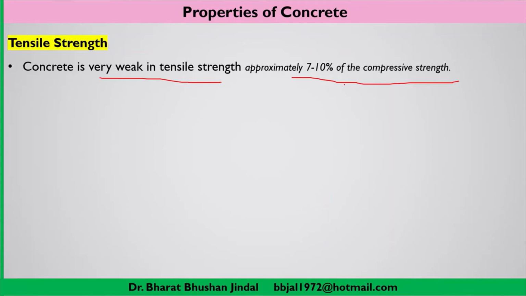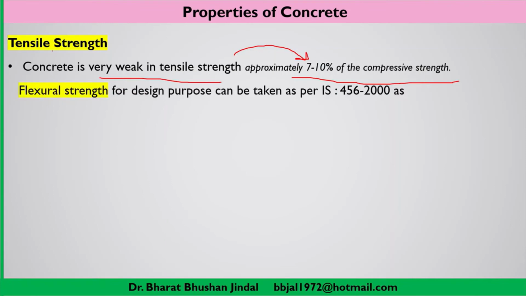Now here there may be one question which you can work out or find from the sources of information available in some standard books: why is the tensile strength of concrete only 7 to 10%? That means why is concrete so poor in tensile strength in comparison to compressive strength. So you can go through the literature from some sources, and when you find this answer, you can put it in the comments.